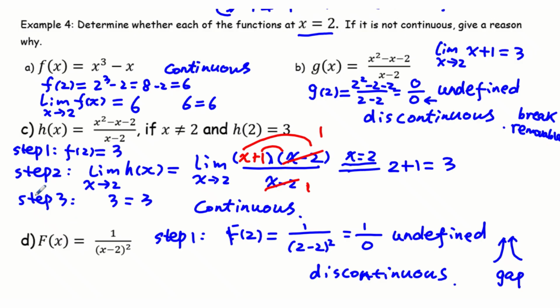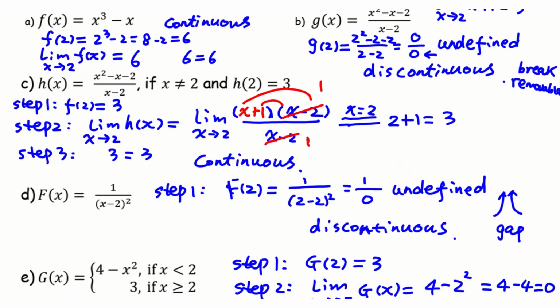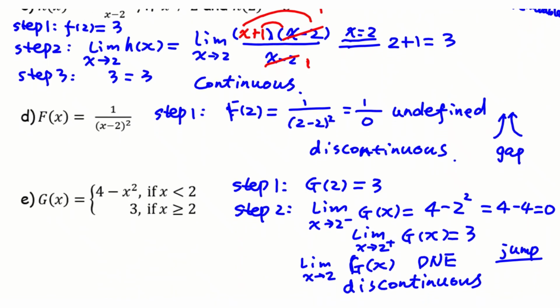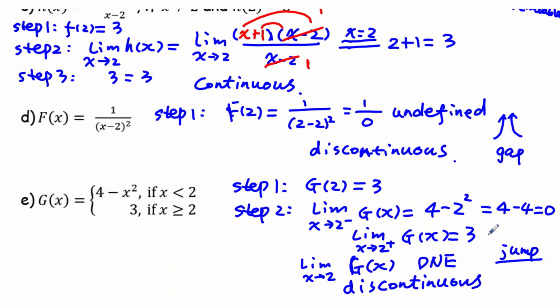It needs to pass all the 3 steps, and if it's a hole, it's a removable discontinuity, and if it's a gap, then it's not removable discontinuity, and if there is a jump, the limit doesn't exist, they are not the same at both sides, it's a jump, it's not removable discontinuity.